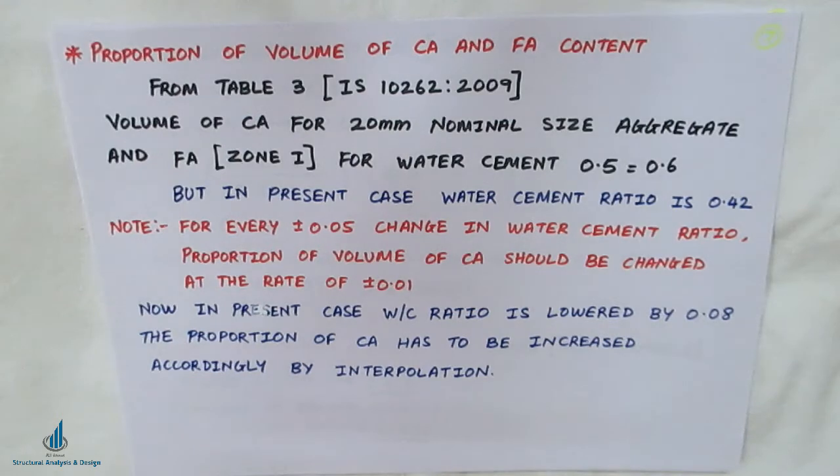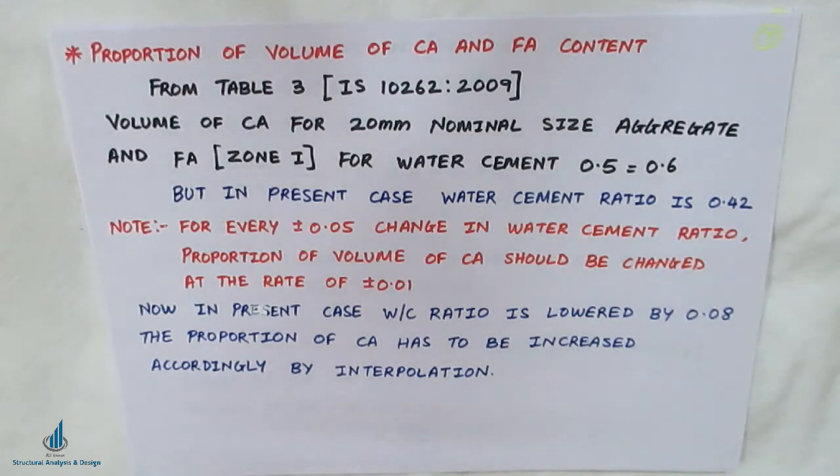In Table 3 they have mentioned the nominal sizes of aggregates, again 10, 20 and 40. Again the fine aggregate zones are mentioned, which vary from zone 1, zone 2, zone 3 and zone 4, and the sand we are using for this mix design is zone 1.